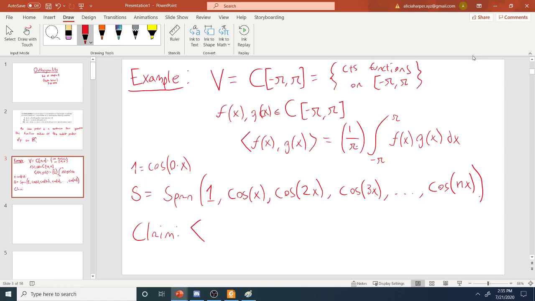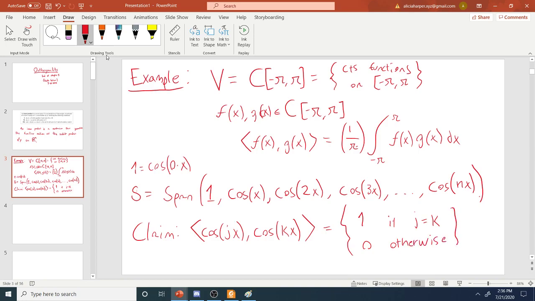And so here's the claim. If I take the inner product of cosine of jx with cosine of kx, this is going to be equal to 1 if j is equal to k and 0 otherwise.